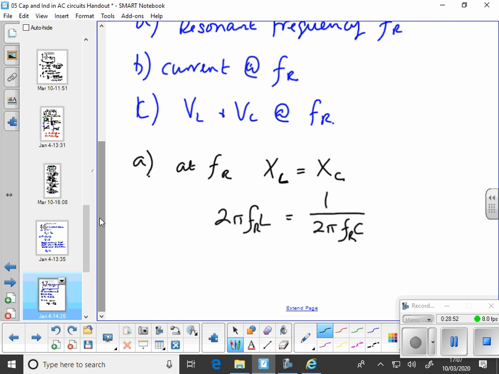Okay, now I've got to do some work to get the two FRs together and on their own.